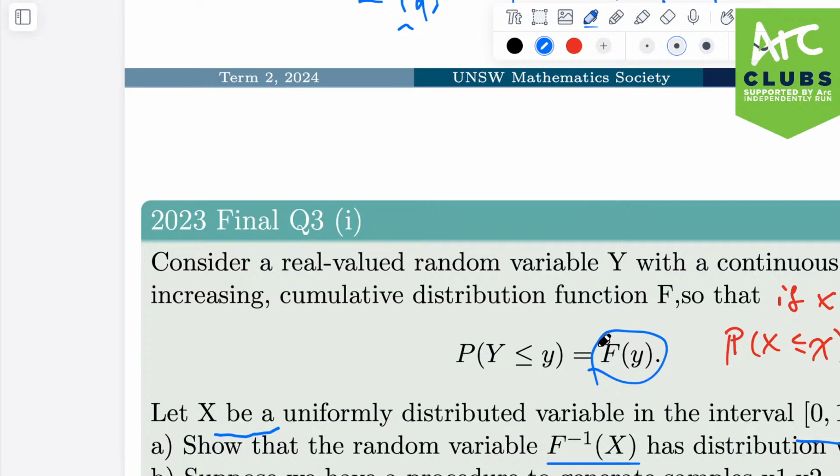Part B says, suppose we have a procedure to generate samples x1, x2 for X. How can we use these samples to generate samples from Y? And what is likely to be the practical difficulty?